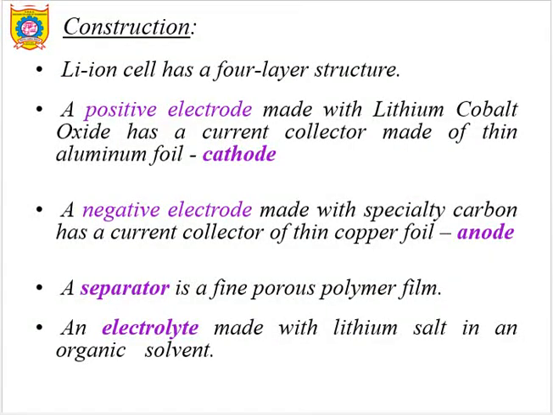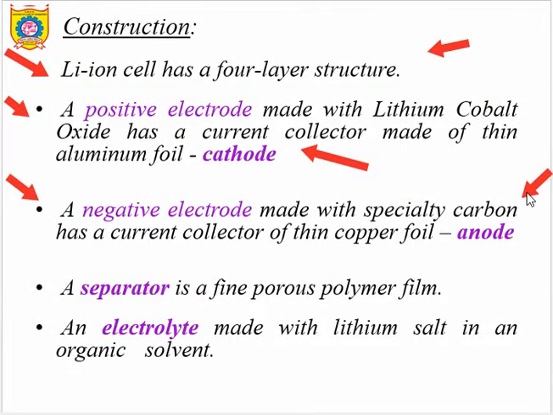Now, the construction of the lithium ion battery. Lithium ion cells have a 4 layer structure. A positive electrode made with lithium cobalt oxide has a current collector made of thin aluminum foil, that is the cathode. A negative electrode made with specialty carbon has a current collector of thin copper foil.